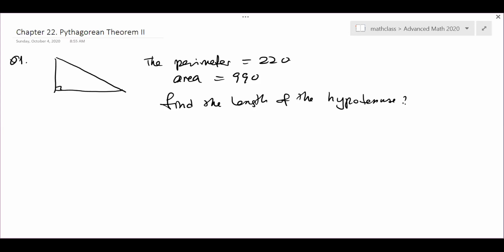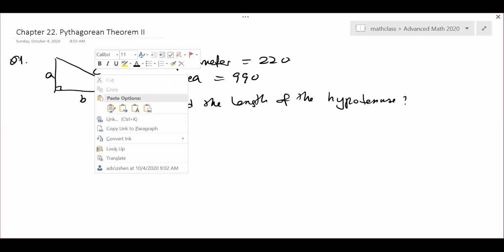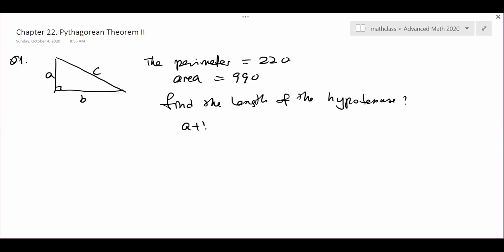Let me give you some ideas first. For the right triangle, you're actually given 3 equations. If this side is A, this side is B, and this side is C. First condition, the perimeter: A plus B plus C equals 220.